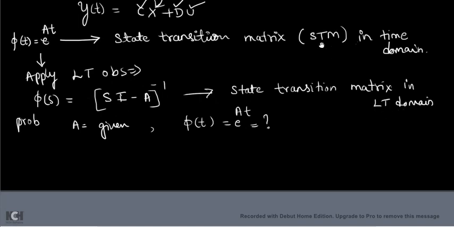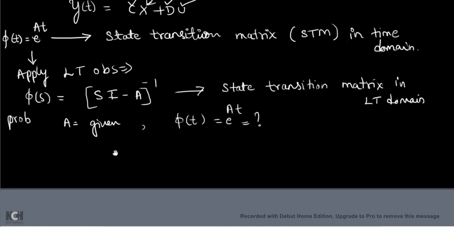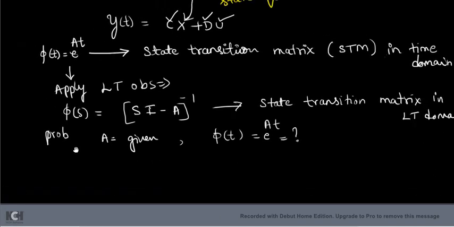From this, how to get back to your phi of t, e power at? For this you have to take inverse Laplace transform on both sides. How do you convert phi of s back to phi of t? Take inverse Laplace transform. Then you are going to get phi of t, e power at. Okay, so that is the method you need to follow for such type of problems.